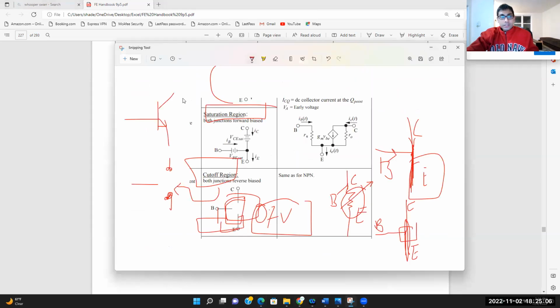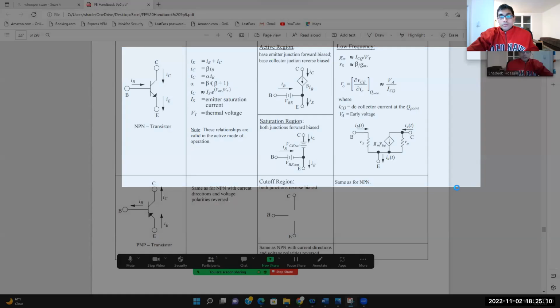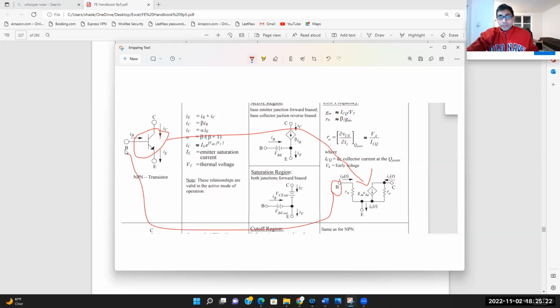So let me just use this image. It can be represented like this, where this is your base, this region is your emitter, and this is your collector. Base, emitter, and collector.